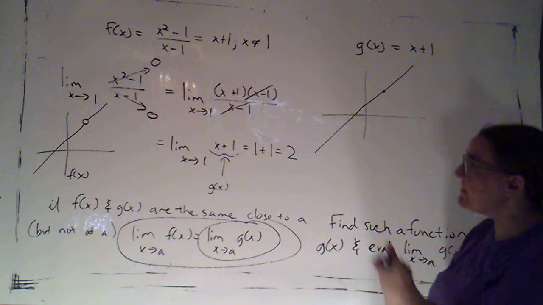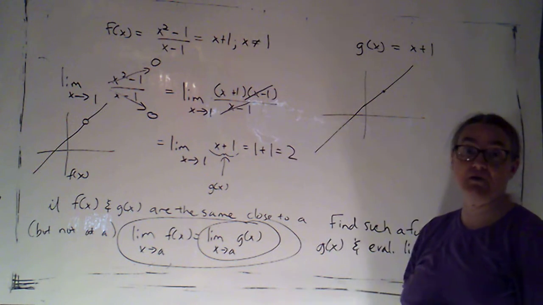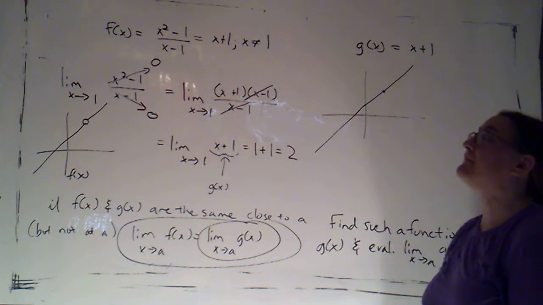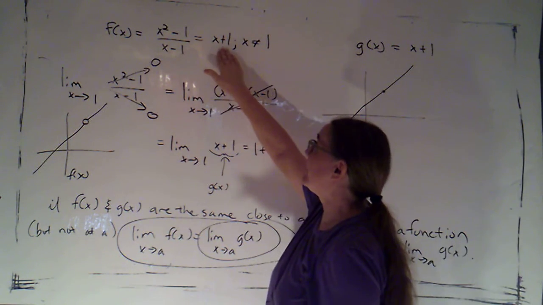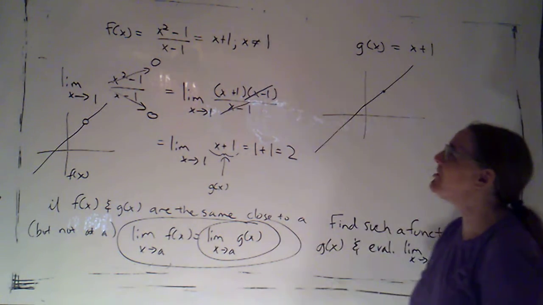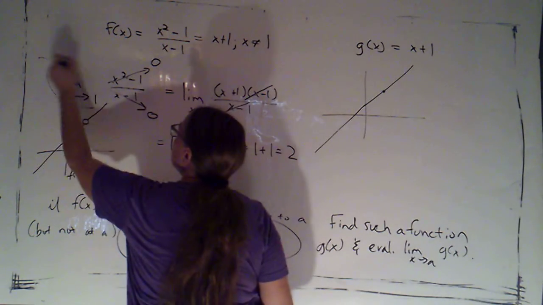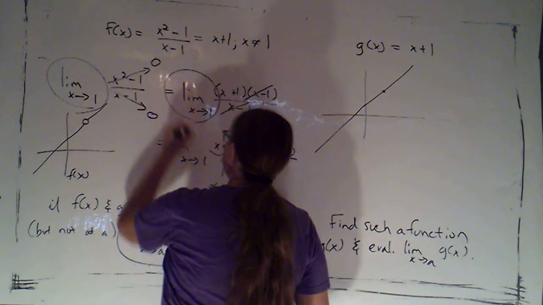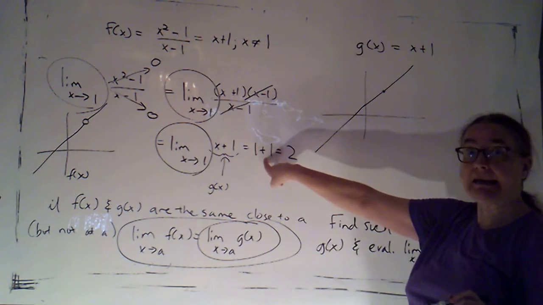So with the word limit in there, I can change to a different function and I don't need to record the restriction. If I'm describing a function and I cancel something, I need to make sure that I record the restriction. Okay, the other thing I want to point out is you'll notice that I wrote the word limit at each one of these steps. I dropped it here.